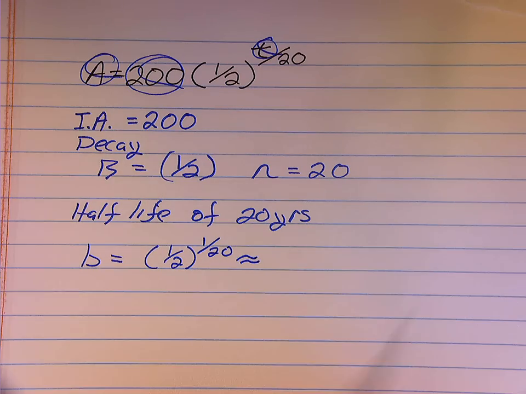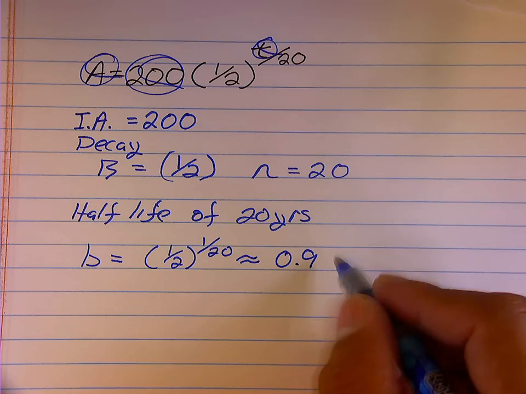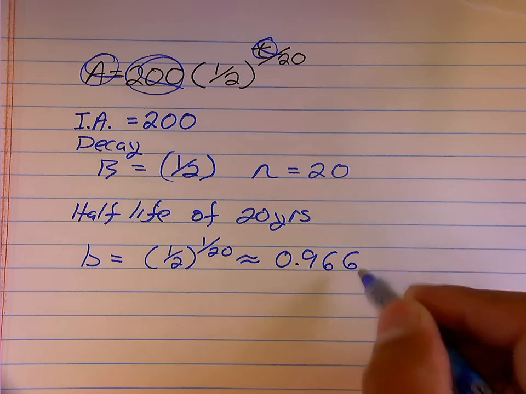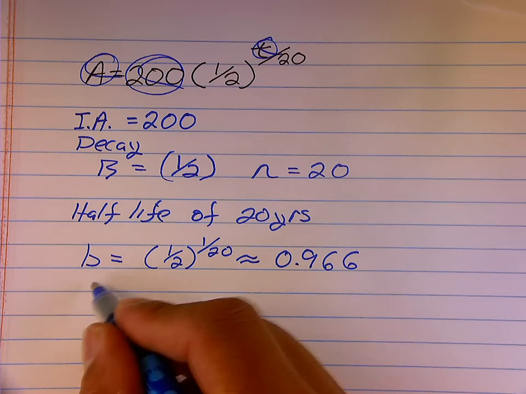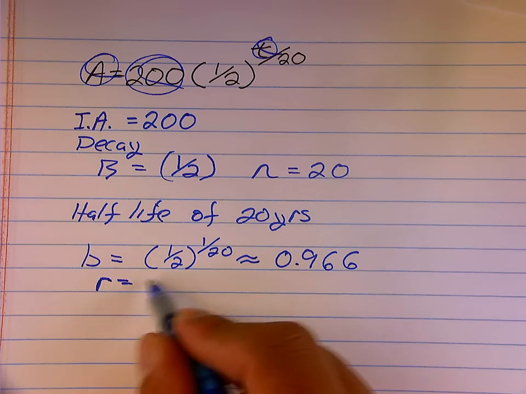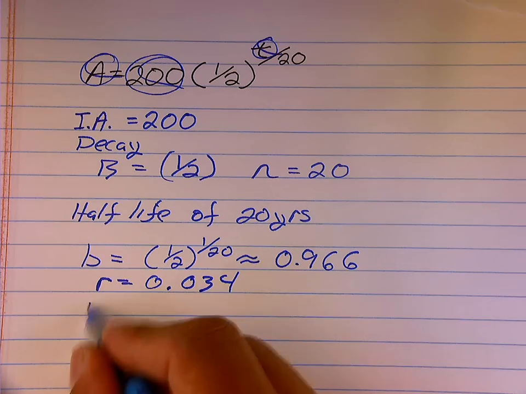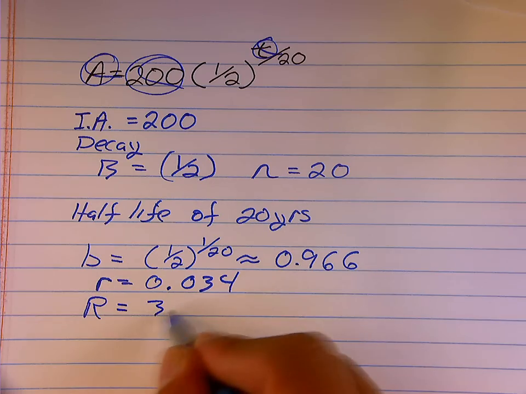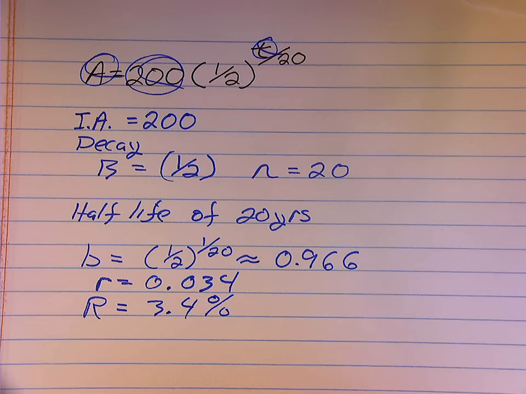I'll now plug that into my calculator. 0.966 approximately, which gives me my annual factor, which gives me an annual decay rate of 0.034, or in big R form, 3.4% annual decay rate.